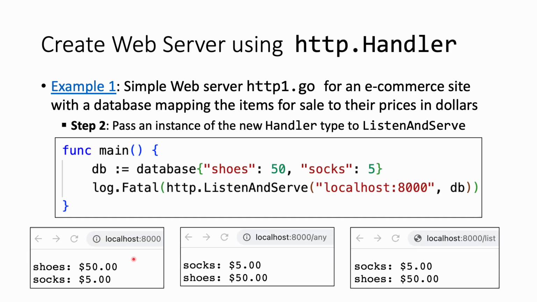Here are some sample outputs of the http1.go server. So far, the server can only list its entire inventory, and will do this for every request regardless of the URL. So if we type /any as the path in the URL, it outputs the same thing as when we type in /list in the path of the URL.